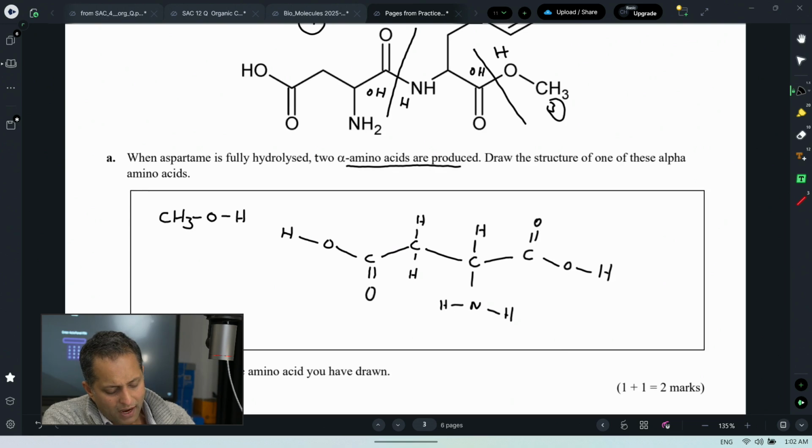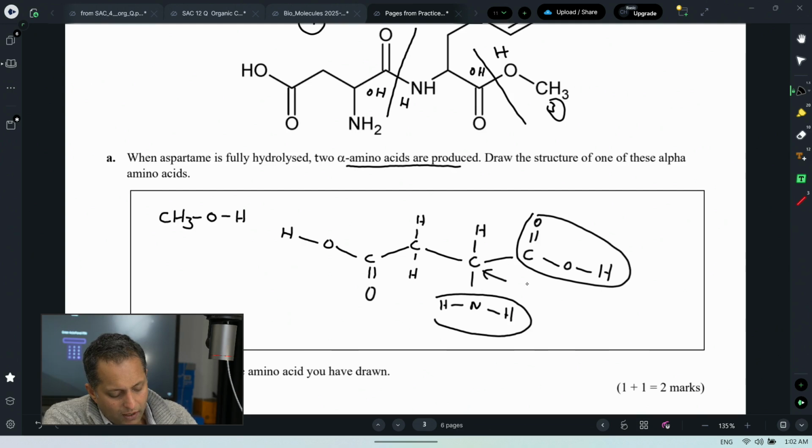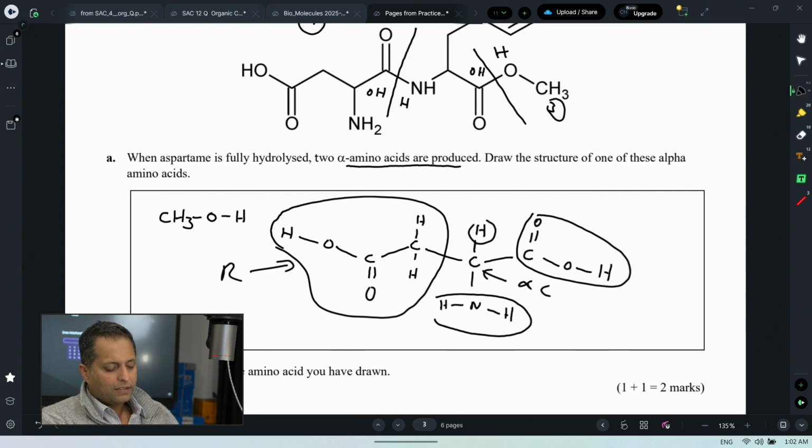What is this? This looks like an amino acid. If it is an amino acid, you need to have an amino functional group and a carboxyl functional group. So this is the alpha carbon, alpha C. That's the hydrogen. This is the variable R group. That's how I identify the alpha amino acid.